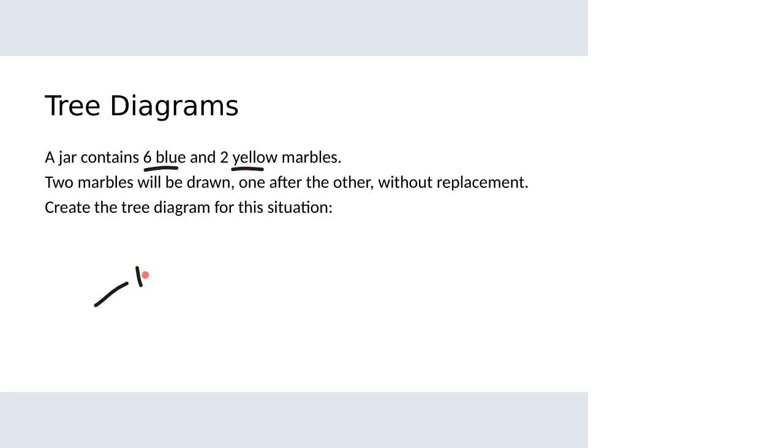So I'm either going to get a blue marble or a yellow marble. And the probability of getting a blue one is going to be 6 out of 8. If anything that I do raises questions, make sure you ask them. But the probability of getting a blue one is 6 out of 8. And the probability of getting a yellow is 2 out of 8.